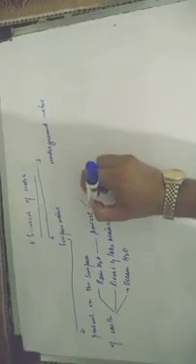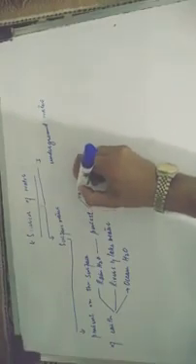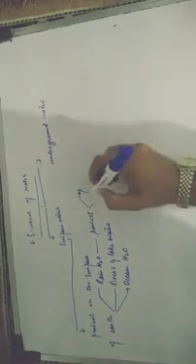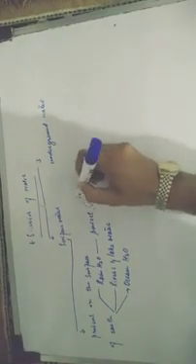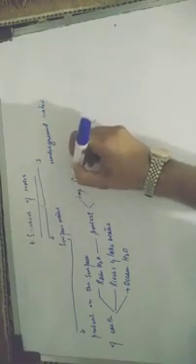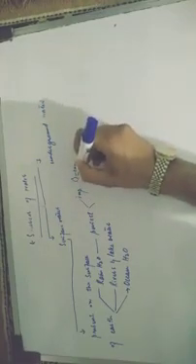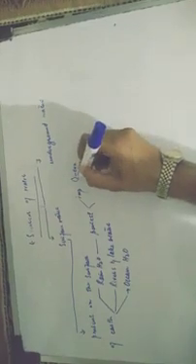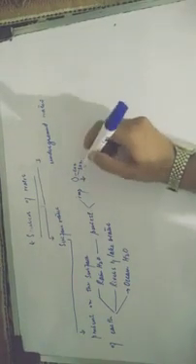While coming down through the air, it can get some impurities, like it will carry dust particles, germs, bacteria, and dissolve some of the gases present in the atmosphere, and the subsequent showers are free from these impurities. So if this is a raindrop and here is carbon dioxide, sulfur dioxide, these gases will come down with it.